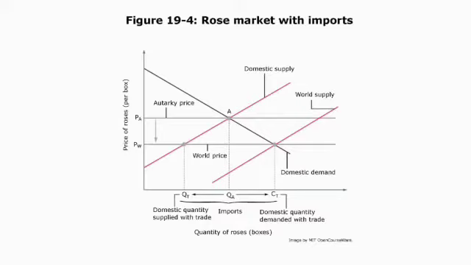We now trade with Colombia for roses. What that does is that means now instead of just drawing on the domestic supply, we can now draw on the world supply of roses. We don't have to just rely on the domestic supply.